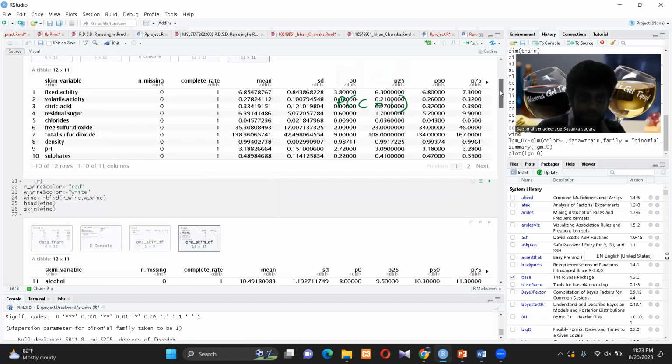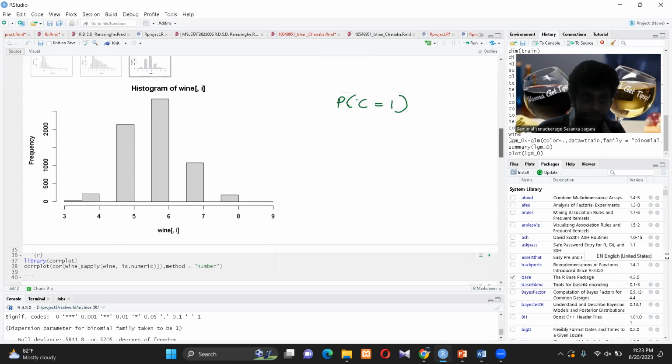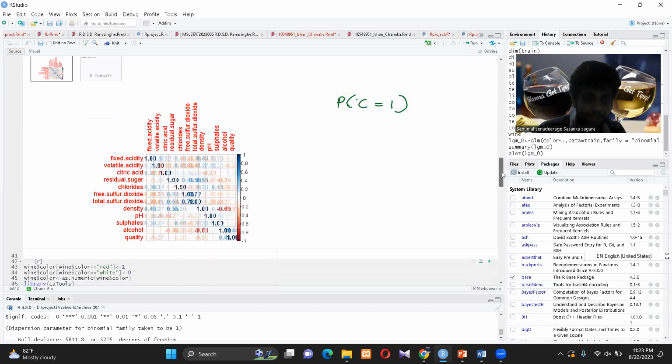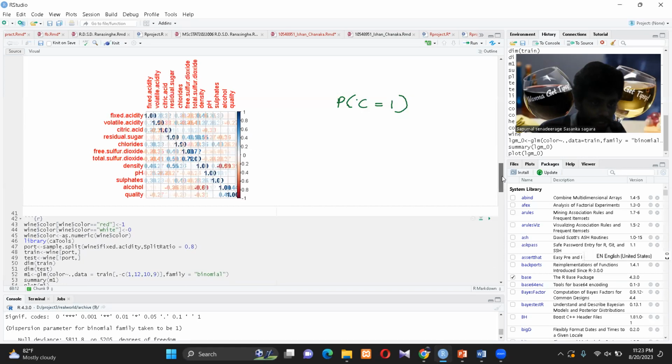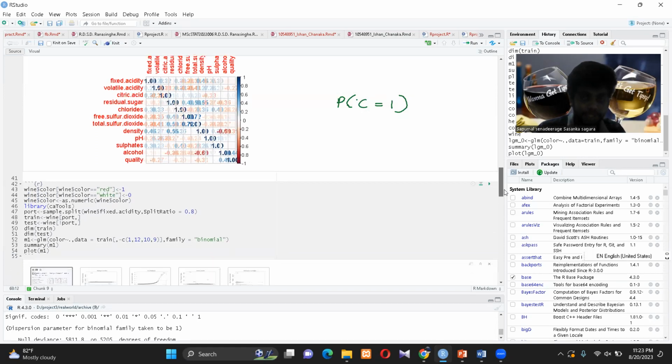We combined these two data sets and arranged them meaningfully. One and 0 were assigned: red was given 1 and white was given 0.